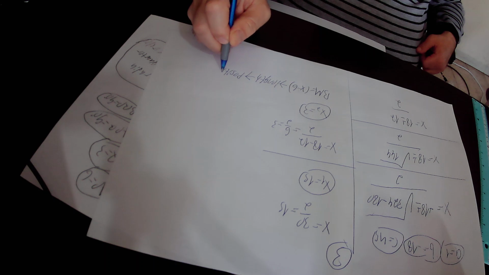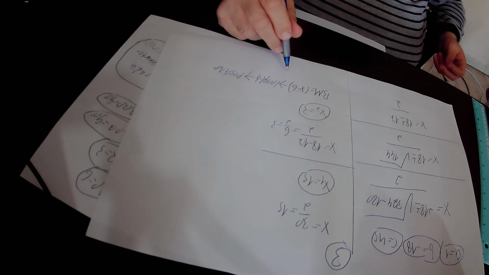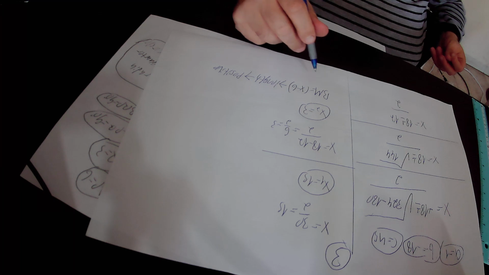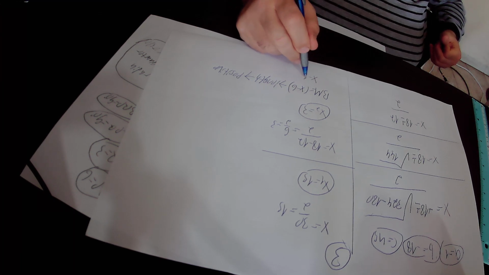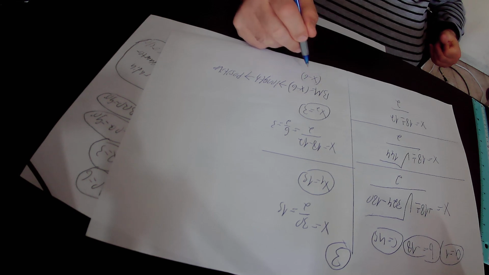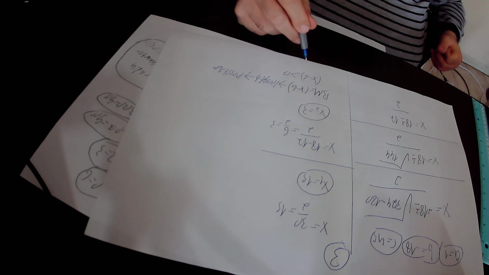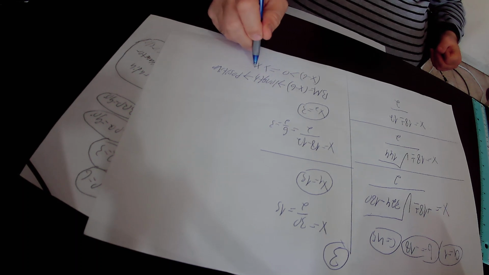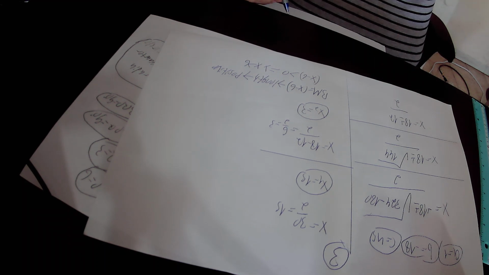That is to say, the length x minus 6 must be greater than 0. If x minus 6 is greater than 0, it means that x is greater than 6.